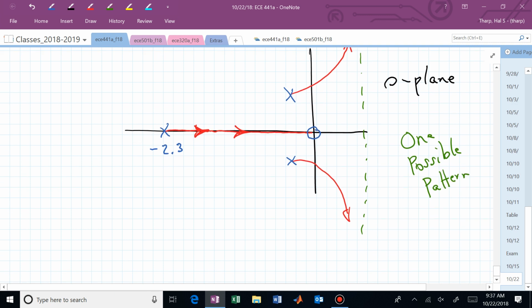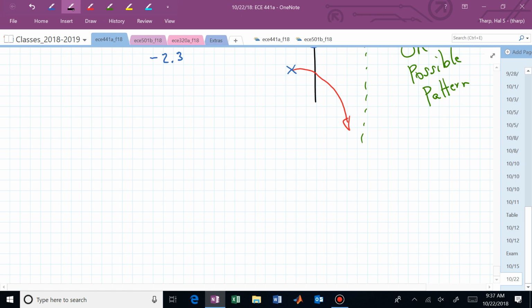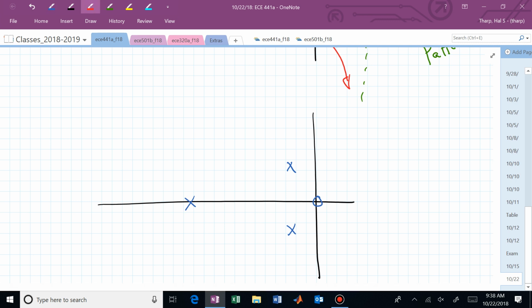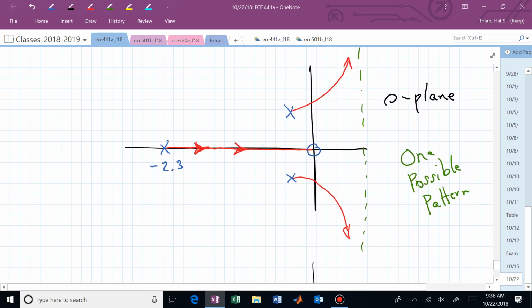I promised you a second, so I better deliver. What's another possible pattern? If we had the same, and like I said, we're only going to really have one of these pictures. But another possibility might be that they all like to play together a little bit more than this guy indicated.